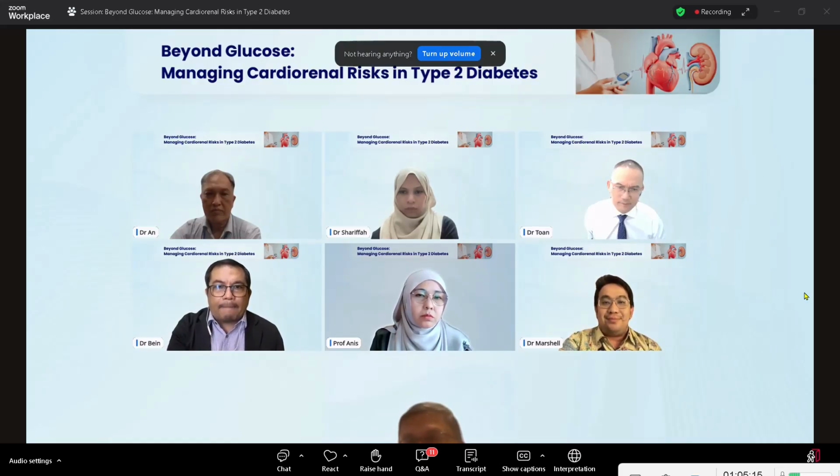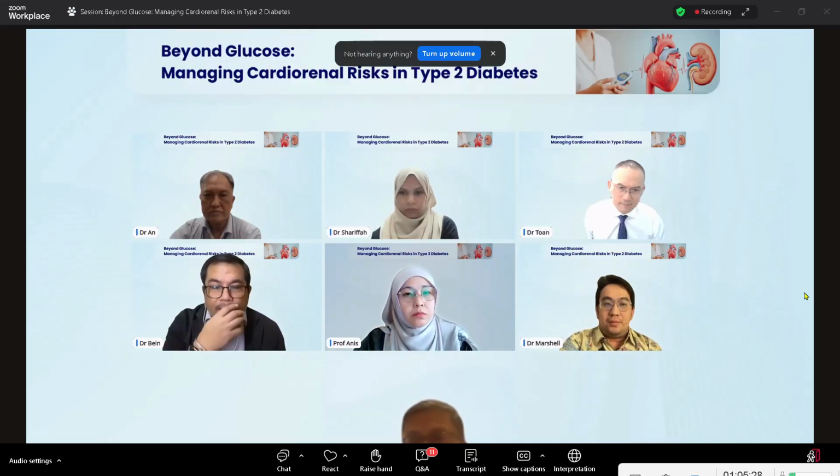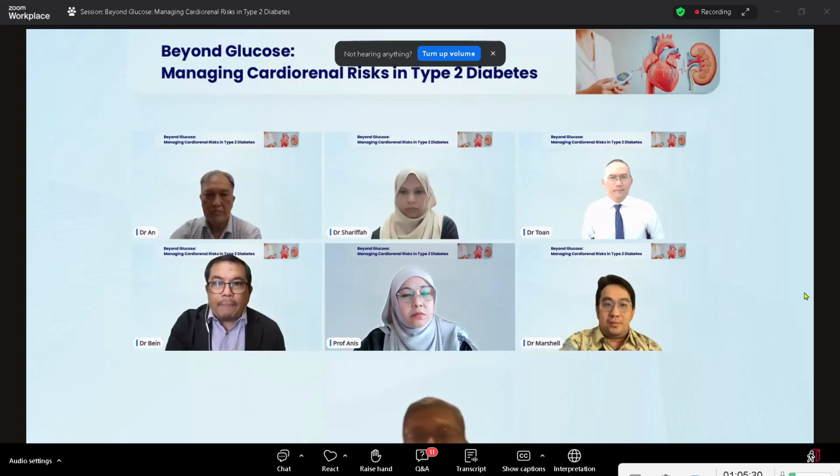You may actually need combination therapy if your baseline LDL cholesterol cannot be lowered by 50%. In the Philippines, for example, we now have several fixed dose combinations of atorvastatin or rosuvastatin together with ezetimibe.